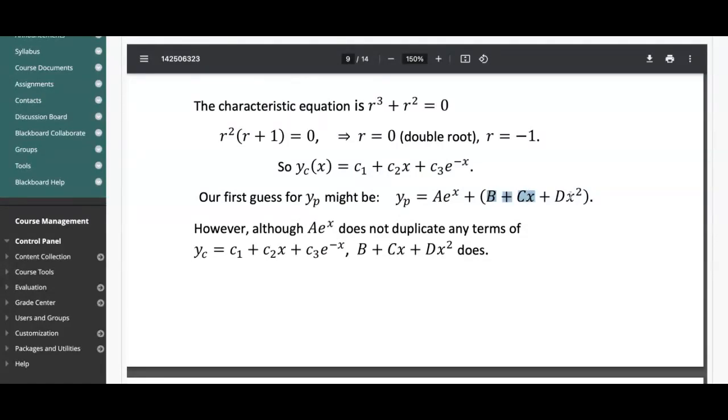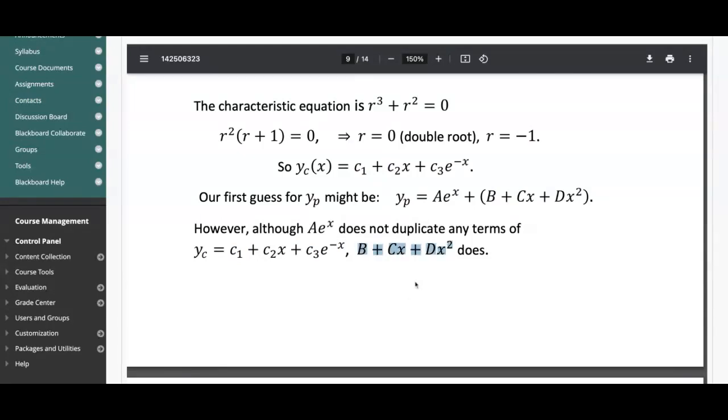But here we have an x squared term and an e to the x term, which will not duplicate any of these.